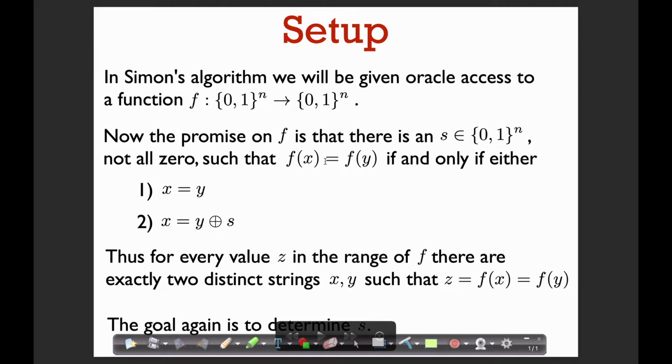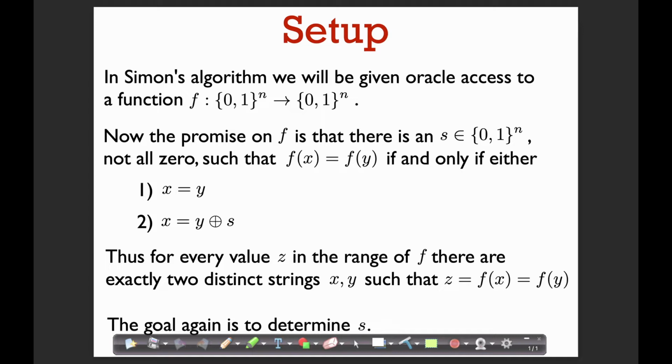So again, it's similar to the previous setups where we're imposing some promise on f that gives f a certain structure. In this case, the promise is that f of x is equal to f of y if and only if either x equals y, which of course always implies that f of x equals f of y, or x is equal to y XOR s.